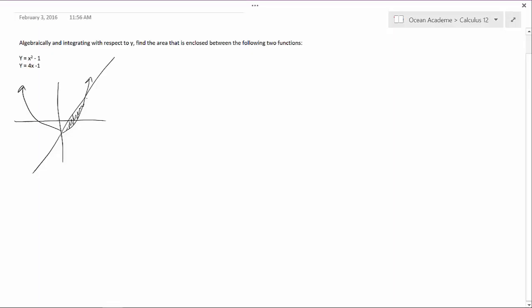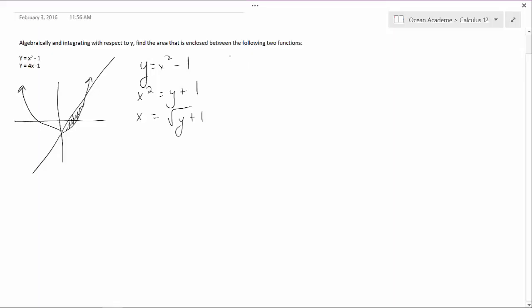So we need to integrate with respect to y. So we have y equals x squared minus 1. If we were to solve for x, we would say x squared equals y plus 1, and therefore x would equal the square root of y plus 1.